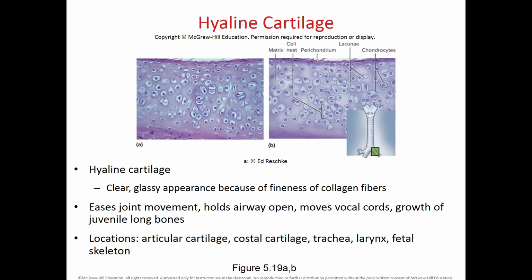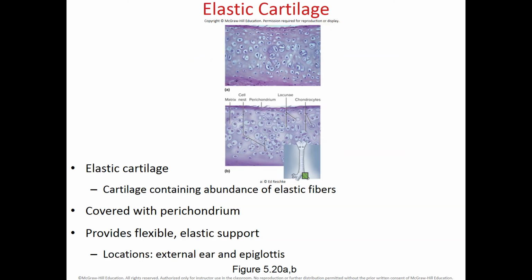Locations of hyaline cartilage are the articular cartilage in our joints, the ribs, known as costal cartilage, the trachea, the larynx, and all of the fetal skeleton is made of hyaline cartilage.